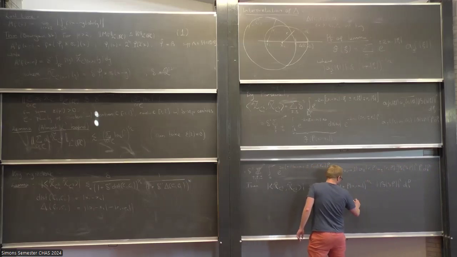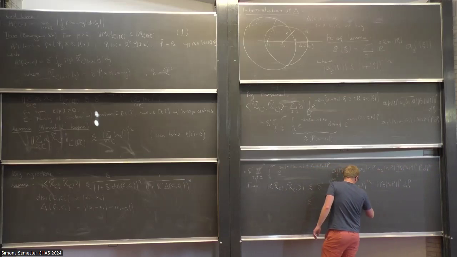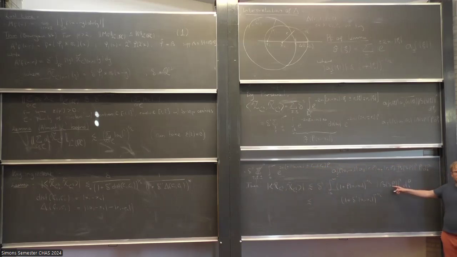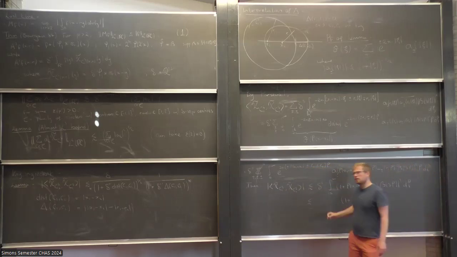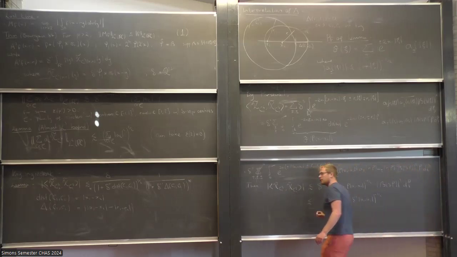On the domain of integration, this decay term looks like this. And then how big is the domain of integration? Well, it's delta minus 1. So we get delta minus 1 for the length of the integration, times the delta squared from the delta. Make sense?